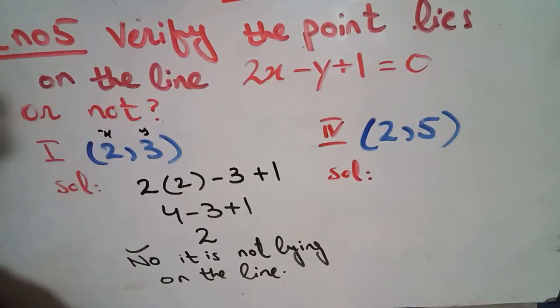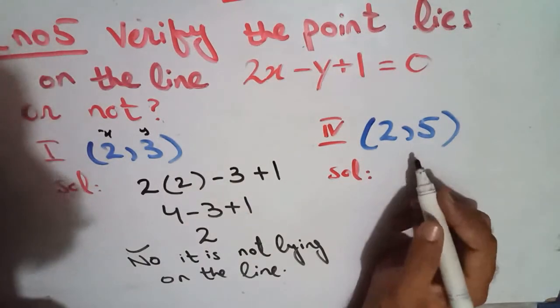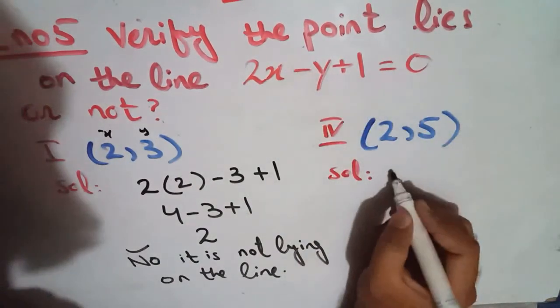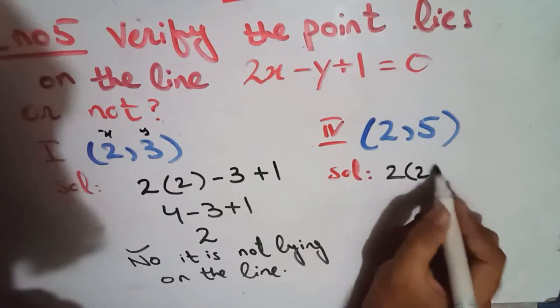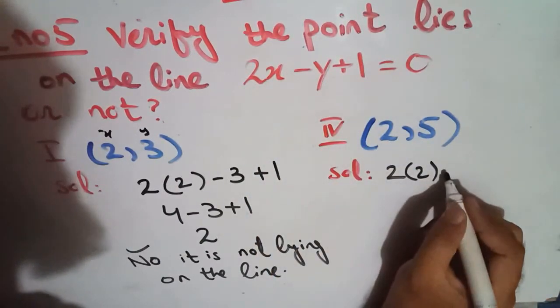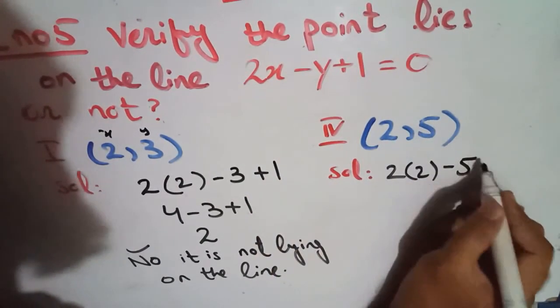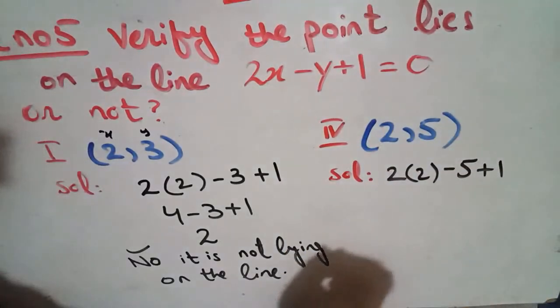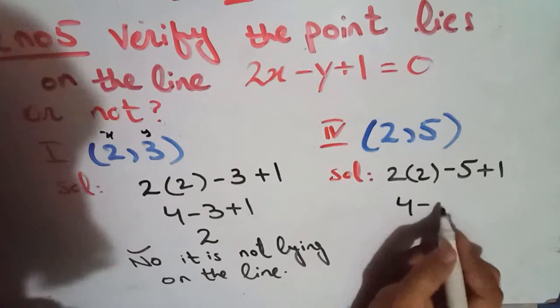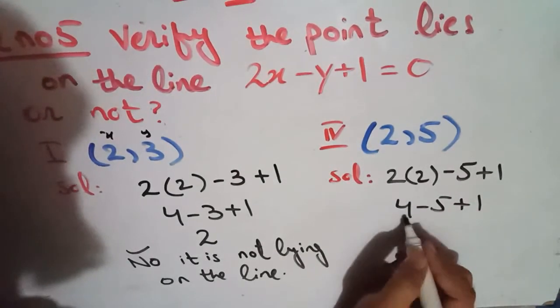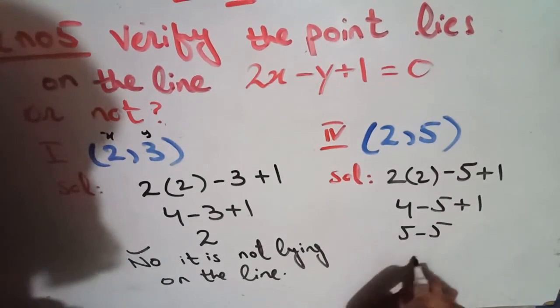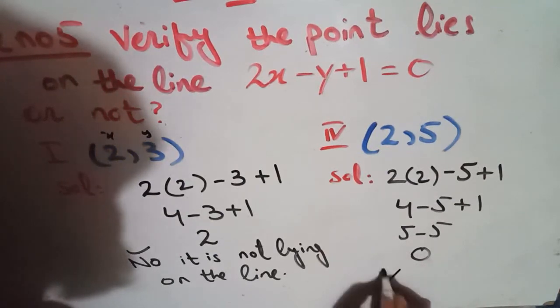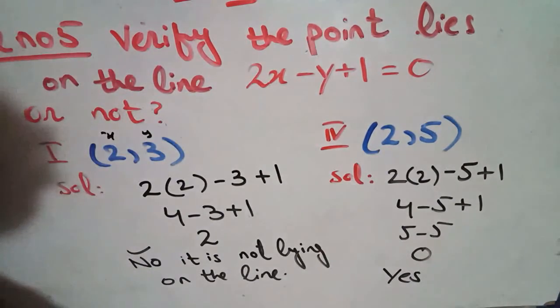Okay, let's check the fourth one. So I'm just putting these values into the equation. 2 into 2, the value of x is equal to 2, minus the value of y is 5, so minus 5 plus 1. Now 2 twos are 4 minus 5 plus 1, so 1 and 4, 5 minus 5, 0. So you can say yes, it is lying on the line.